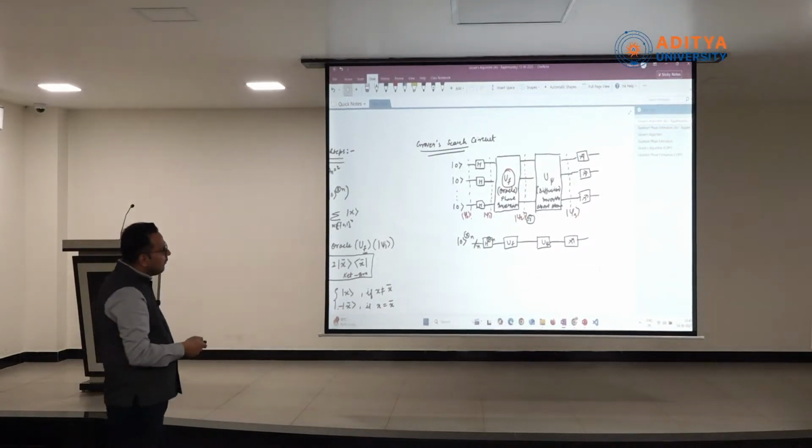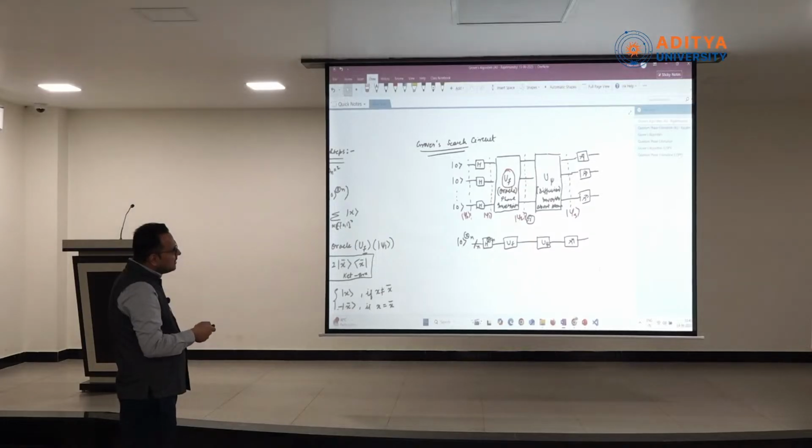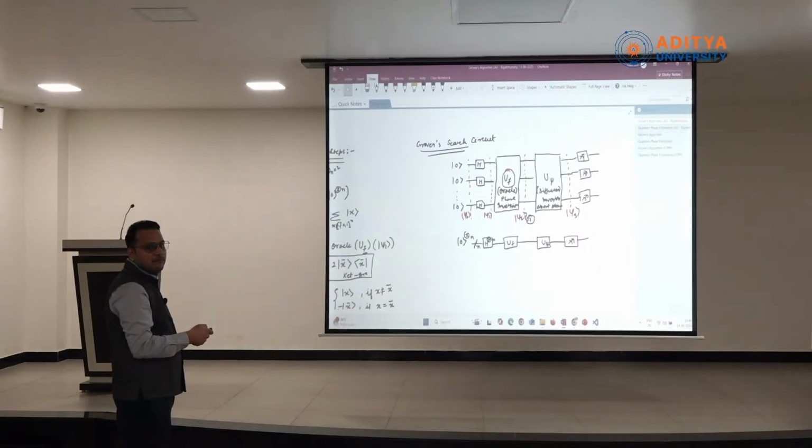These two tasks are to be iterated pi by 4 of root n times. Clear? After completing this, we have to measure the register. This is the index register.